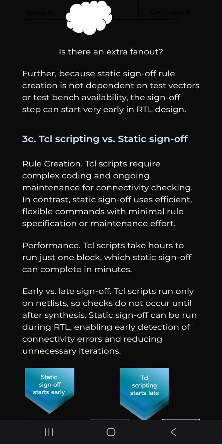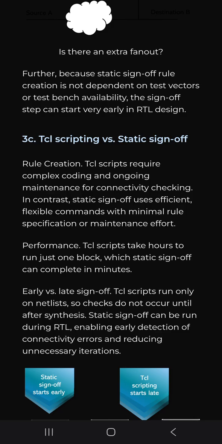3C. TCL scripting versus static sign-off. Rule creation. TCL scripts require complex coding and ongoing maintenance for connectivity checking. In contrast, static sign-off uses efficient, flexible commands with minimal rule specification or maintenance effort. Performance.